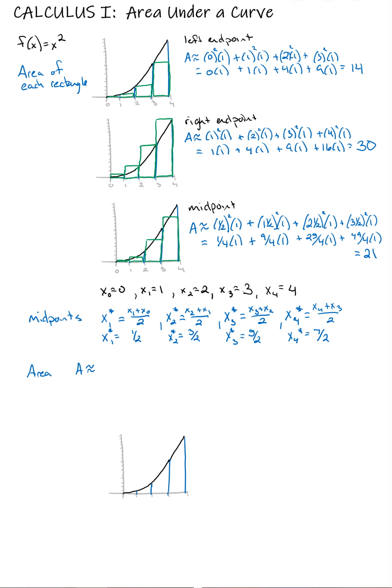What we're doing is we're taking f of x sub 1 star times, that's the height, the width of that, which is just x1 minus x0, plus f of x sub 2 star, and then it's x2 minus x1. That's the width of the next interval.